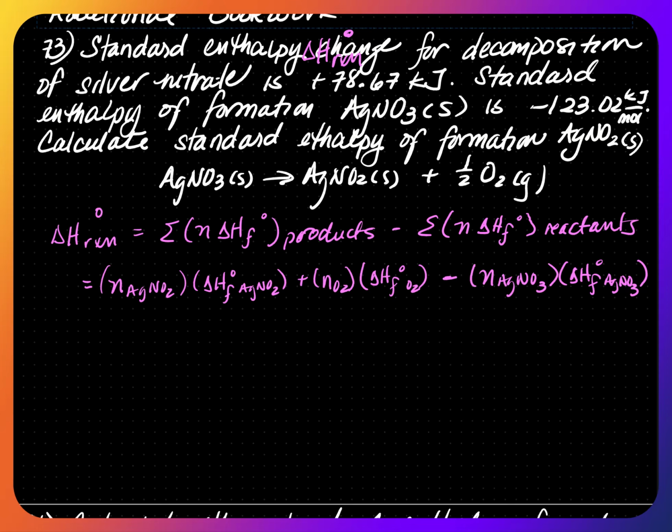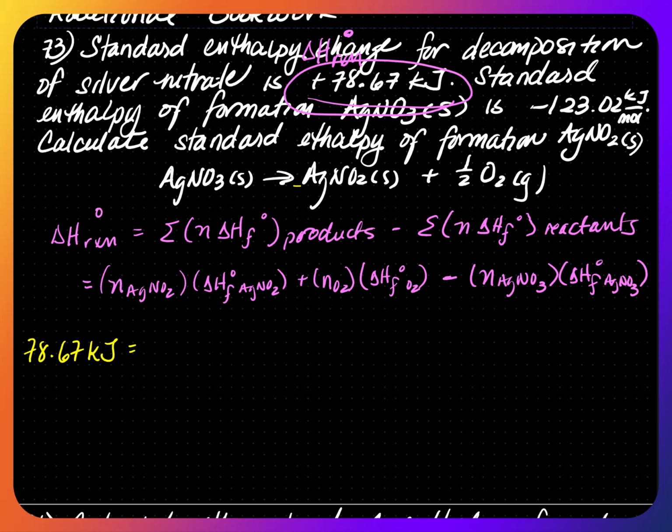We know this reaction takes in 78.67 kilojoules of energy. So that is my delta H naught of the reaction. So if I sub this in, this is going to be 78.67 kilojoules. This is equal to the number of moles of AgNO2.